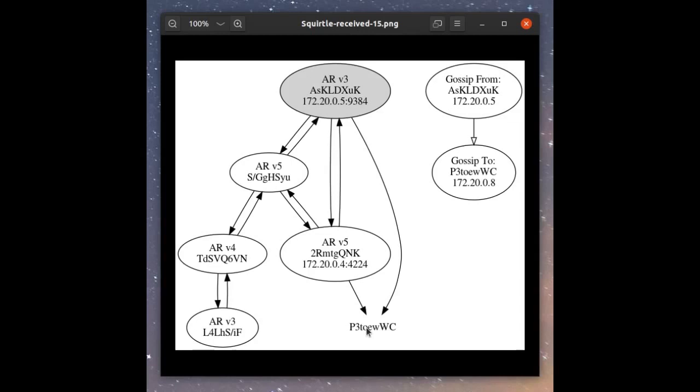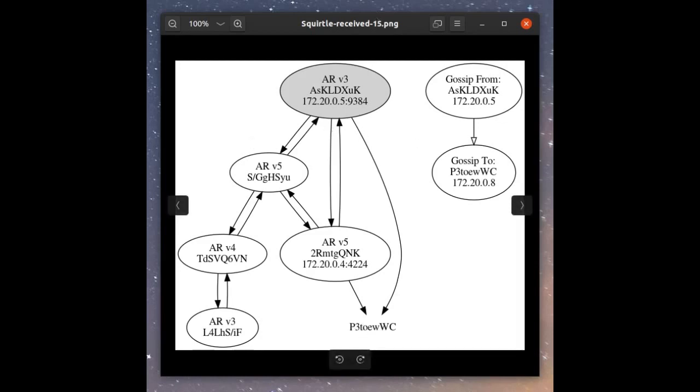But you're not going to tell me anything about me, because I already know everything about me. As a matter of fact, I know it better than you do. So there's no need to waste the space telling me about me. You're going to leave me out of the gossip that you send me. So that's why there isn't any information about this node in this gossip.